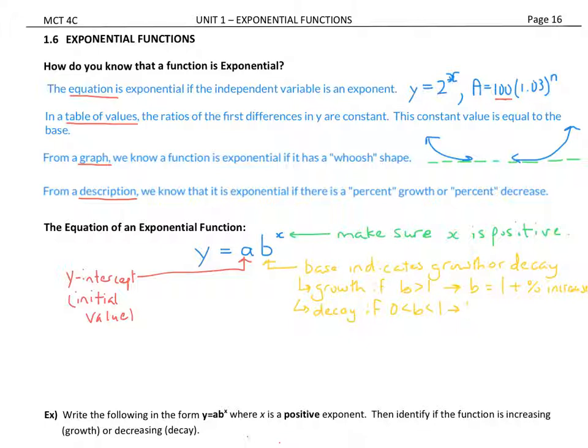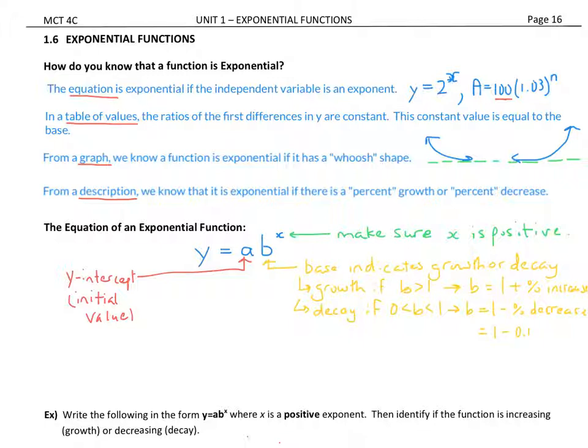And again, your B is equal to 100% to begin with, but this time because you're decaying, you're subtracting the percent that you're decreasing by. Okay, so if you had bought a vehicle, because this is a common question, and that vehicle decreases by 15% each year, then what you're going to have is 100% of the value, and then you're subtracting the 15%.